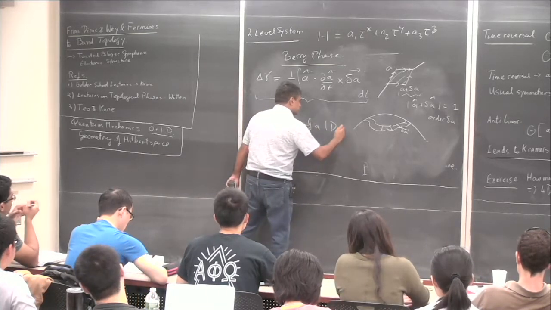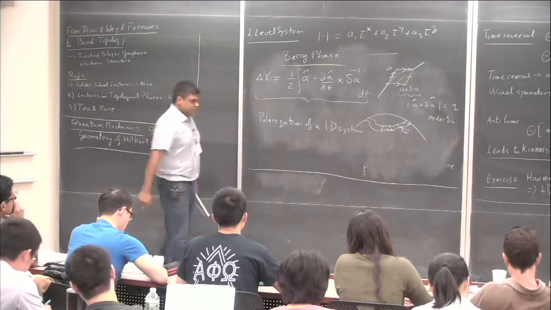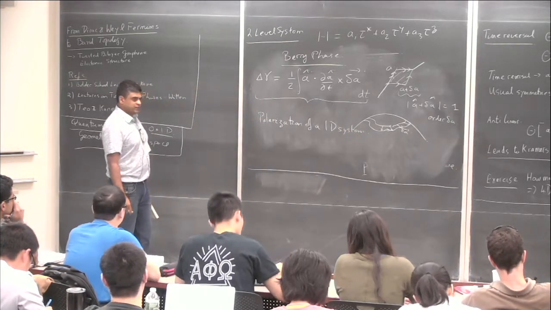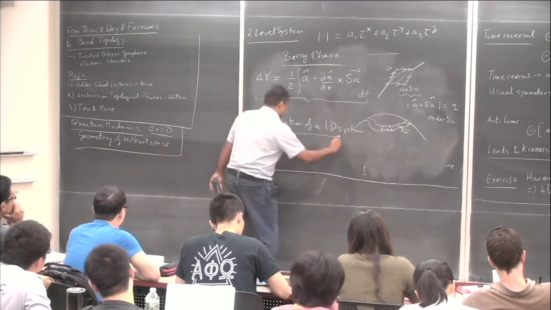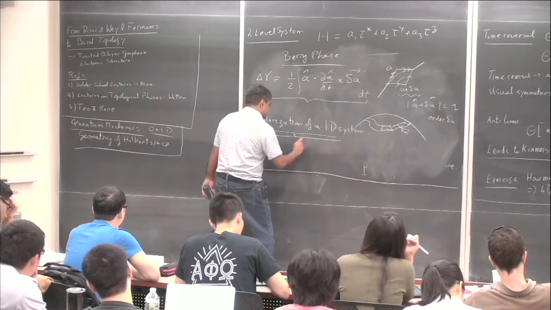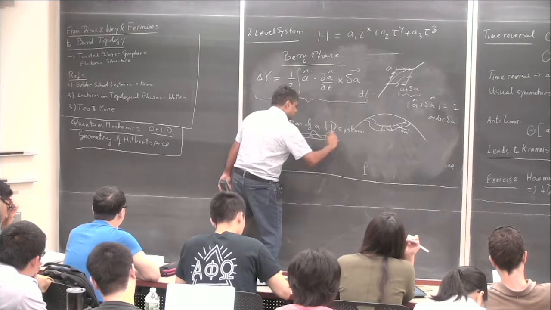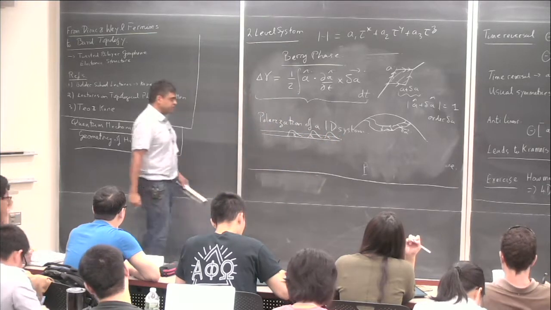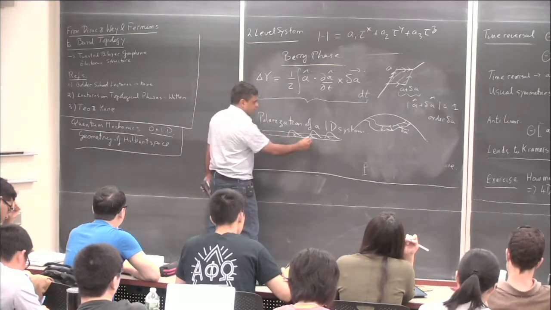Let's do just a 1D system. Imagine you had some crystalline insulator. You can talk about the charge polarization. So you have electrons, and you have, of course, the neutralizing ions. And you want to define a dipole moment for this thing, which is related to these tiny dipole moments.